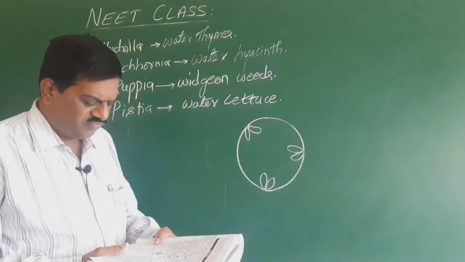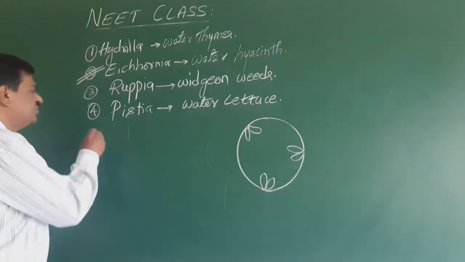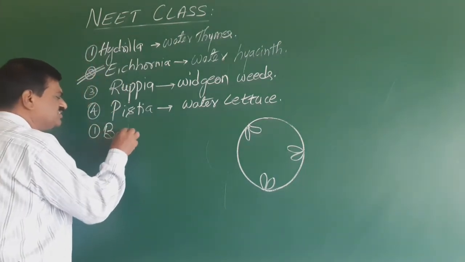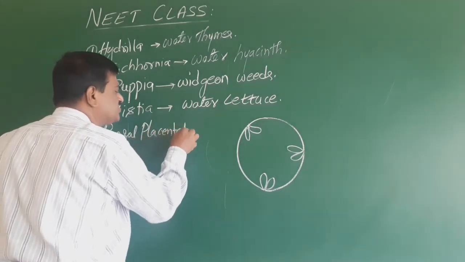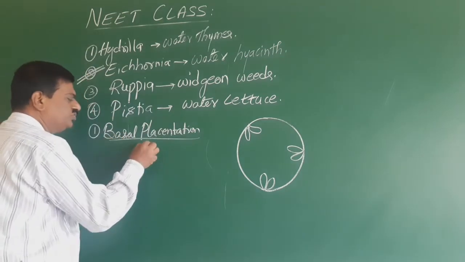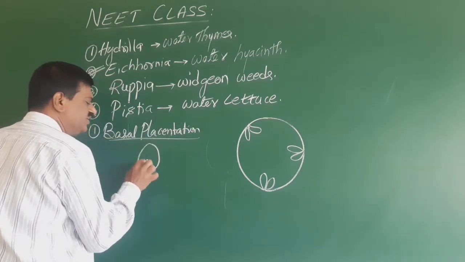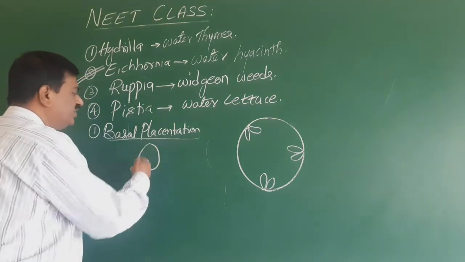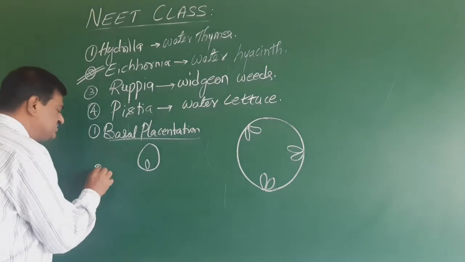The first option is basal placentation. In basal placentation, the ovules are present at the base. Towards the lower side, there is a presence of ovule in the ovary. Hence, it is called basal placentation.